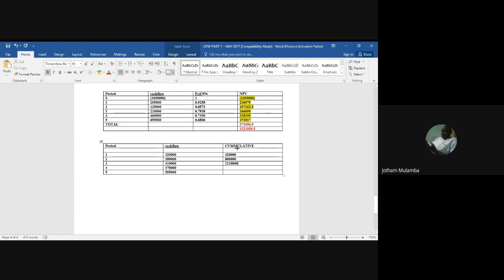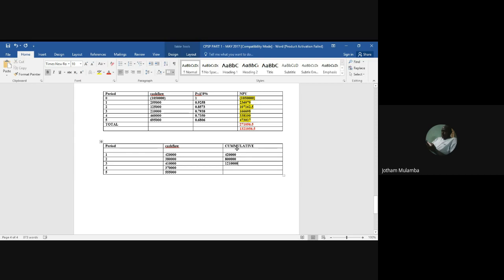Who can remind us of the initial investment for this project? 1,050,000. When calculating the payback period, we are concerned with when we get back our 1,050,000.